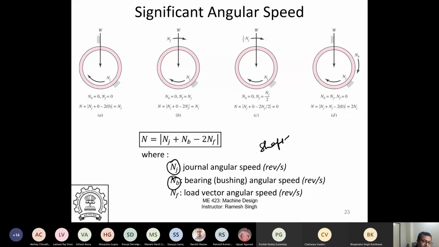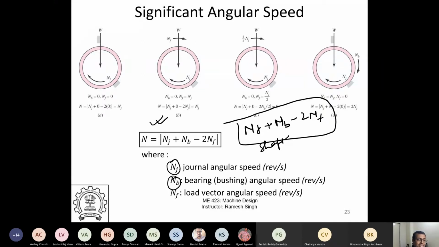In that case, your net N is not just the journal, the shaft rotation, but the shaft rotation Nj plus the bearing rotation minus 2 times the load rotation. Imagine a case when bearing is 0, load is 0, your N is nothing but just the shaft rotation.